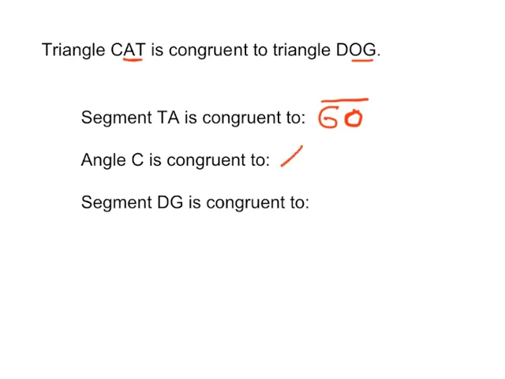So angle C is congruent to angle D. And then finally, segment DG. Well, DG is first, last in the name DOG. So first and last, first and last. So segment CT would be the segment that's congruent to segment DG.